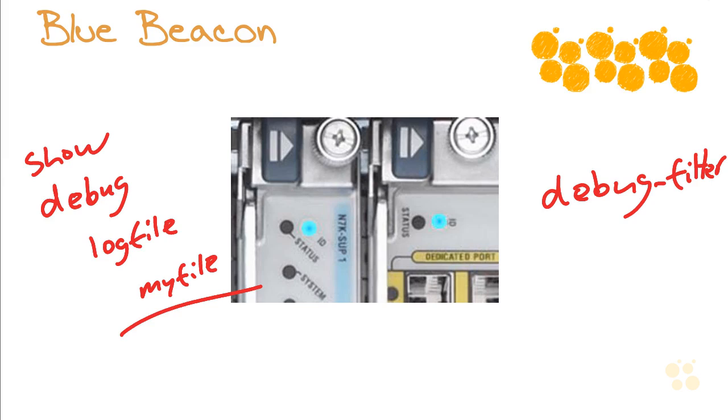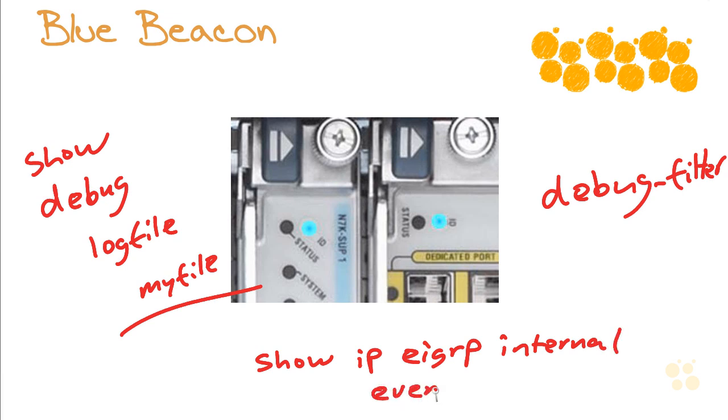You can walk up to your Nexus and you can say show ip eigrp internal event-history, and I could say errors.